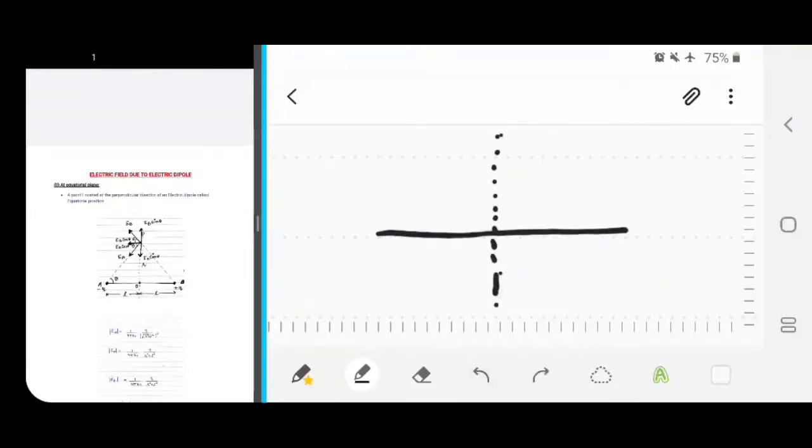So students, here we are going to discuss the electric field due to electric dipole at the equatorial plane. The point which is located on the perpendicular bisector of an electric dipole is called the equatorial point.